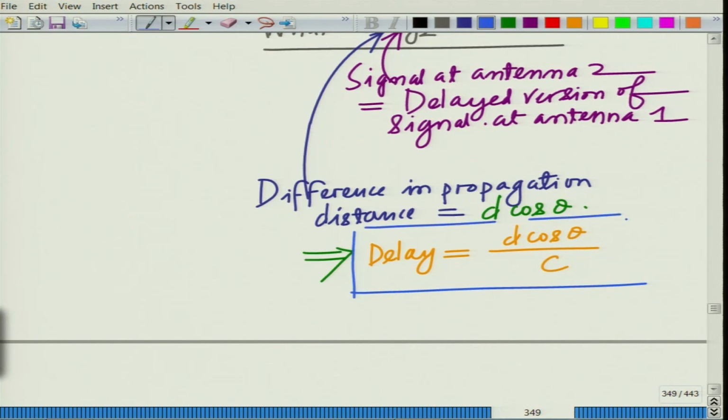So, the signal at the second antenna is delayed by this quantity d cosine theta over c, where d is the interantenna spacing, and theta is the angle of arrival, that is the direction of arrival.